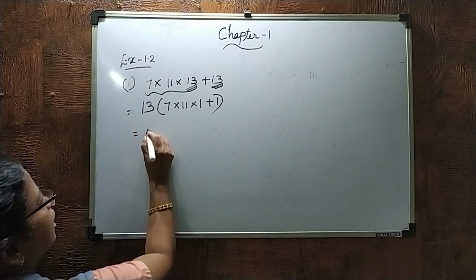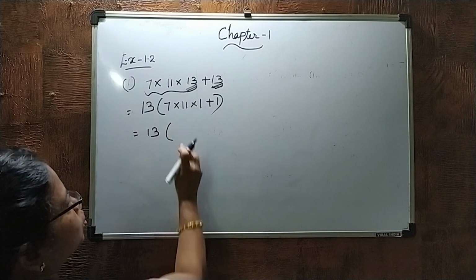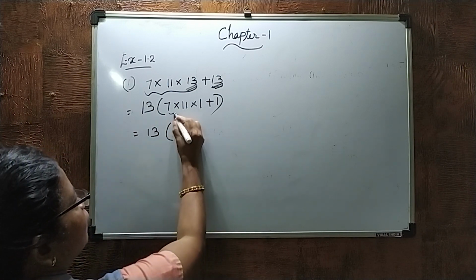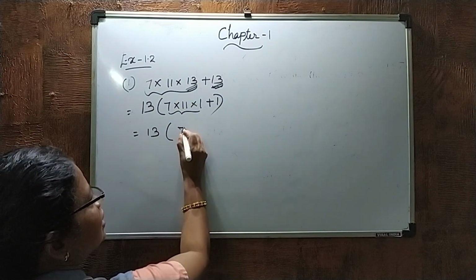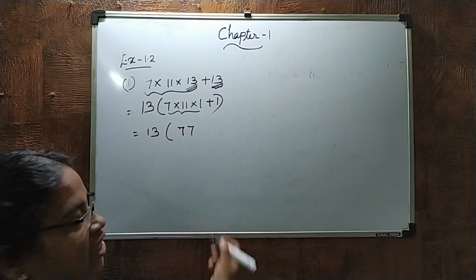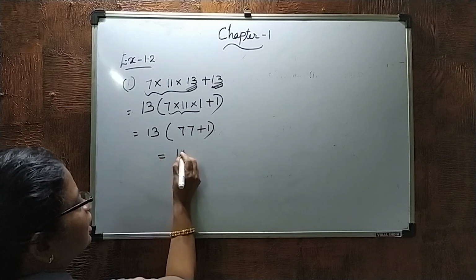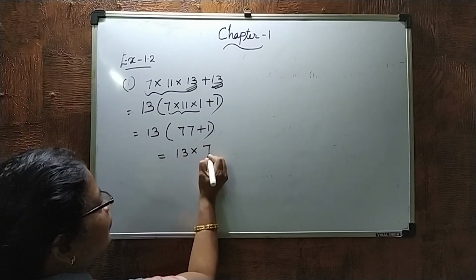So it will be 13 into 7 into 11 into 1. You will get the answer 77. Then plus 1, so it will be 13 into 78.